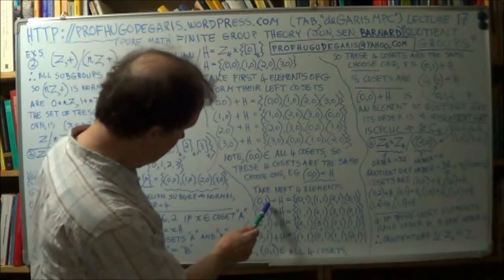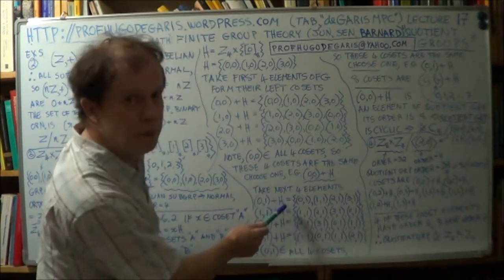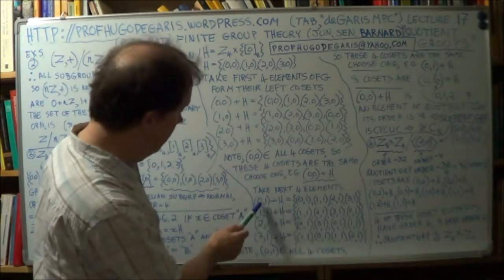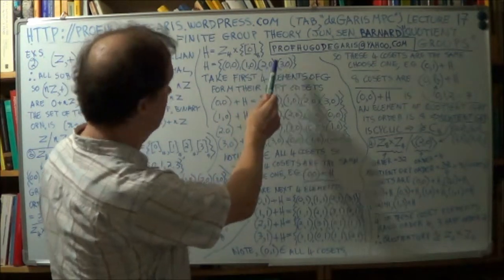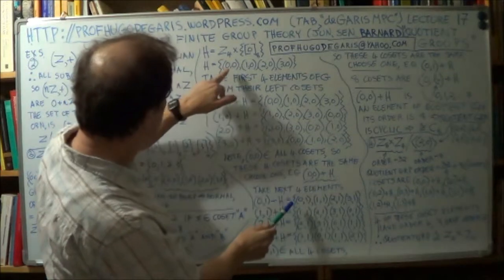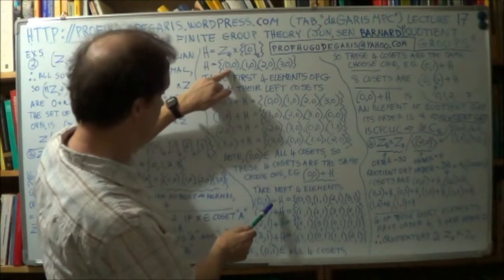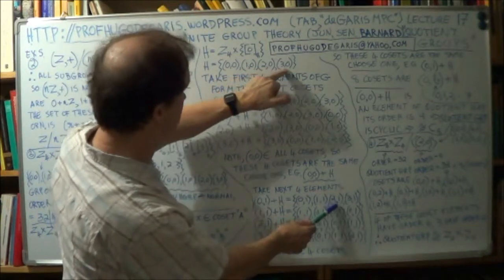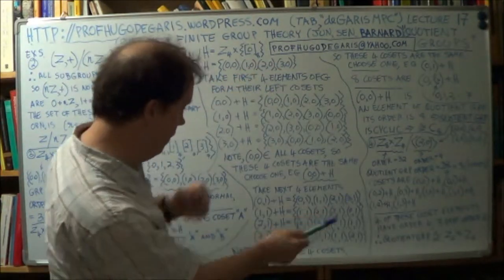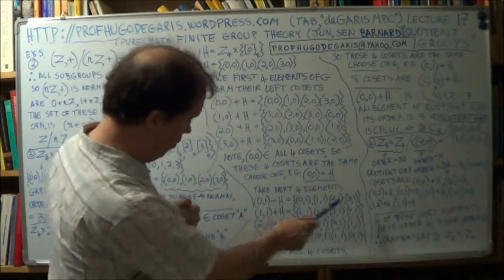So you're just adding this now to your H, your subgroup. So 0,1 added to that will give you 0,1; 1,1; 2,1; 3,1. Okay, and similarly for the rest.